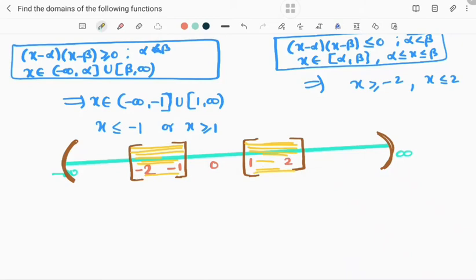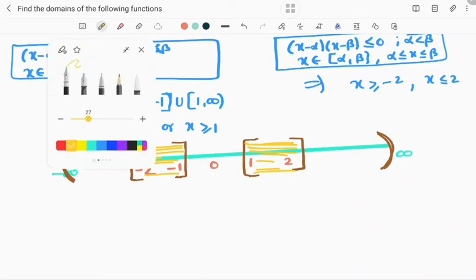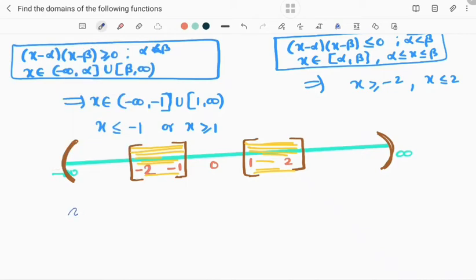So that means we can write that answer as the domain of f of x is, for understanding purpose I am taking time to explain all the things. Otherwise within 1 minute we will complete it fast.